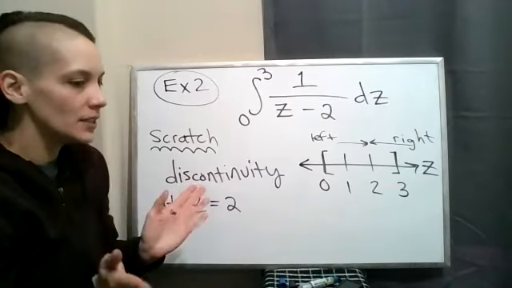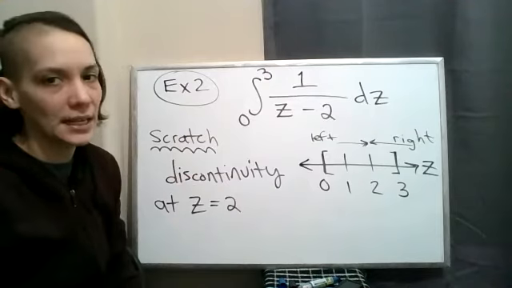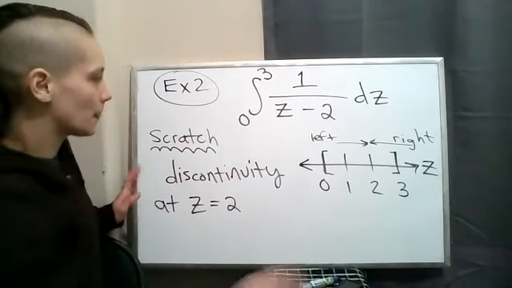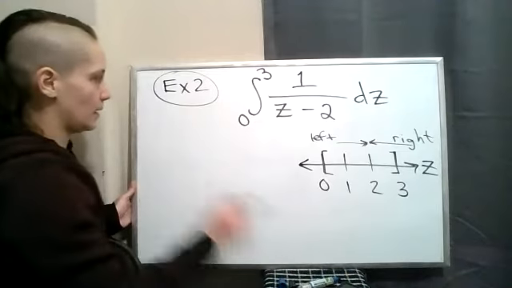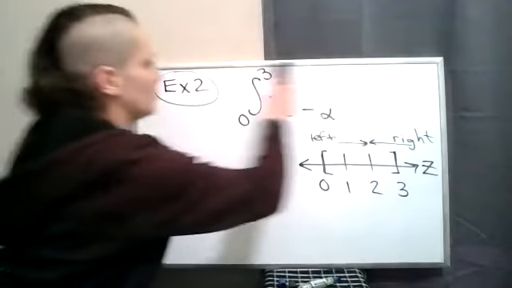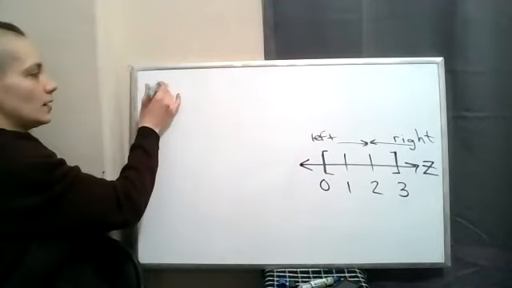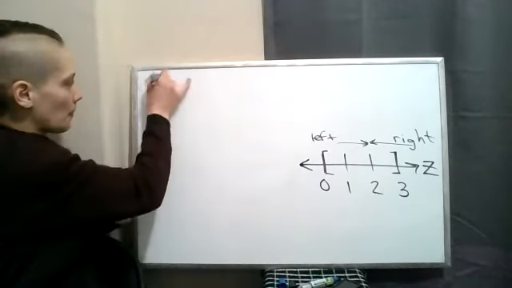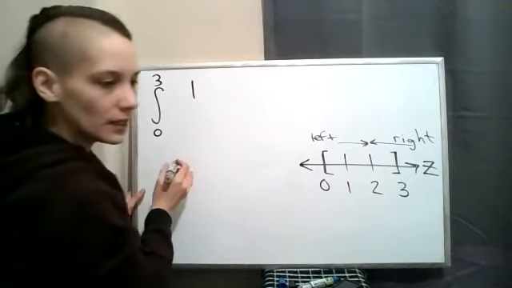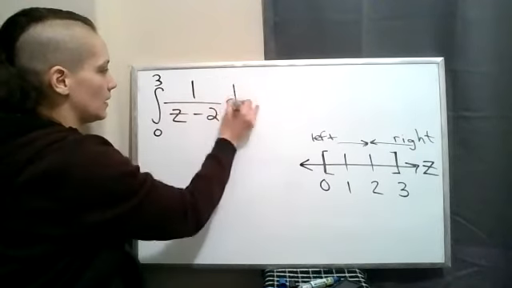So I went ahead and just started to split up the integral and work through it, and we'll see what happens. Integrate from 0 to 3 of 1 over z minus 2. Easy.